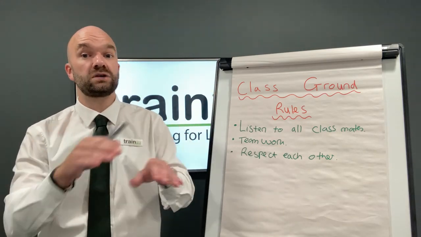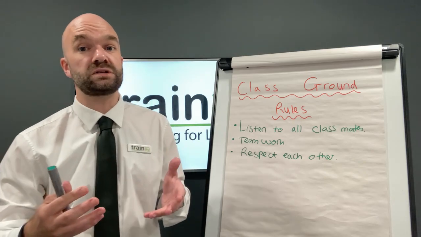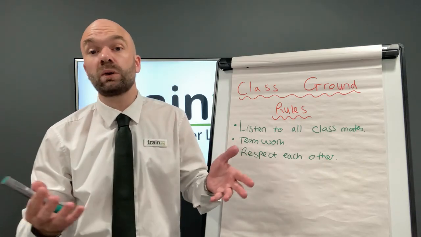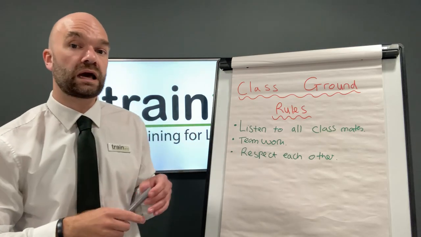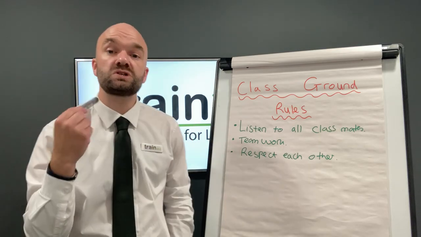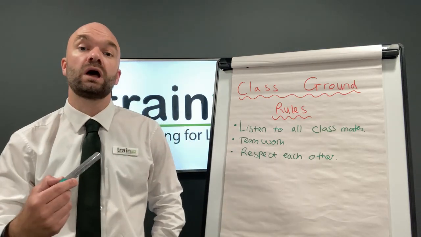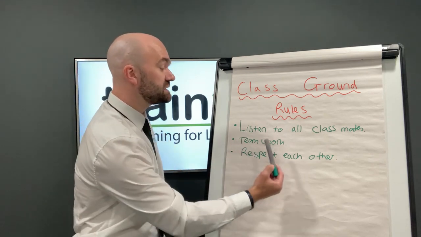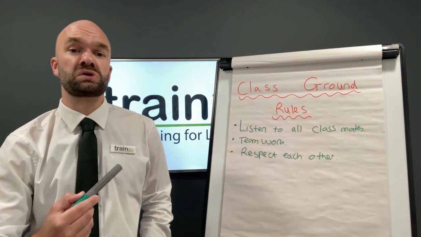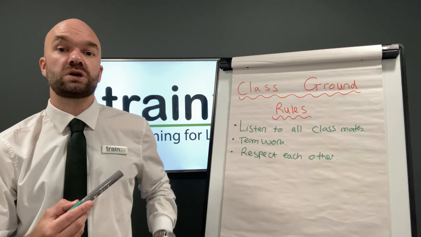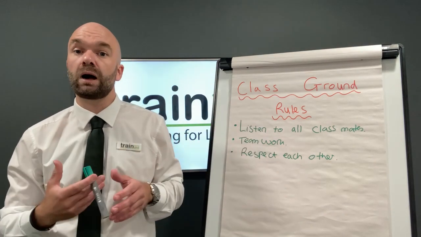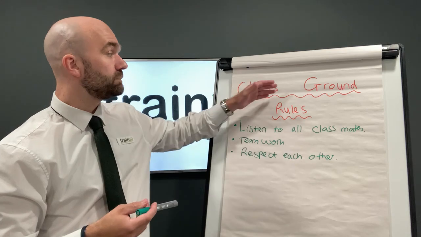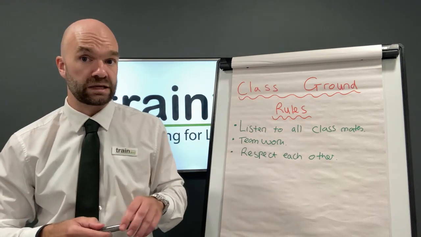But at the end of the lesson, we draw a line under what's been discussed, and we go again. The next lesson is something new, a new topic. So we need to respect each other, we need to get along, and we need to respect each other's opinions as well. So those are the types of rules that are going to form part of this important ground rules list.